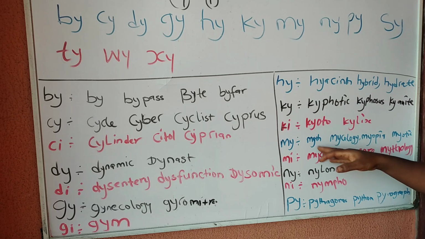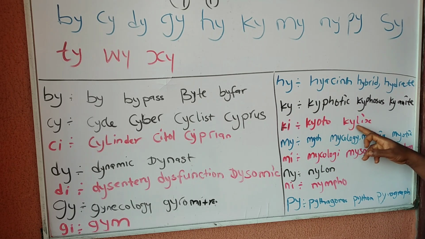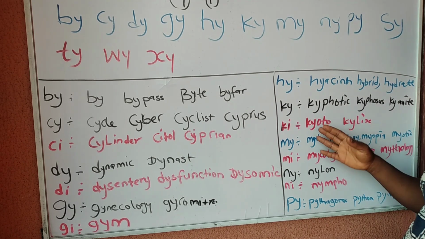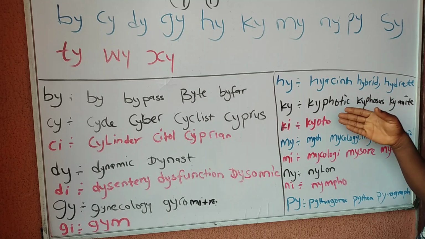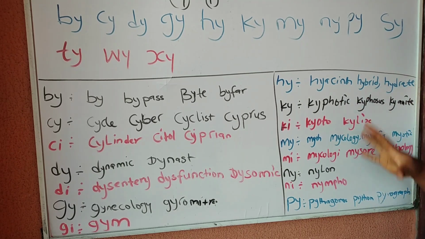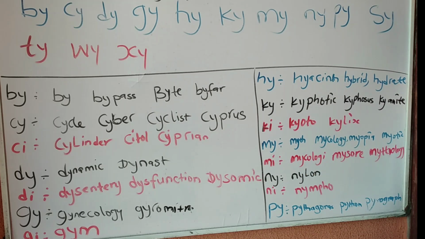For key, we have again KY, keto. Did you get that? Now, KY is sounding K and ki is sounding ki. So we have kyphotic, kyphosis, kyanite, and we as well have keto.